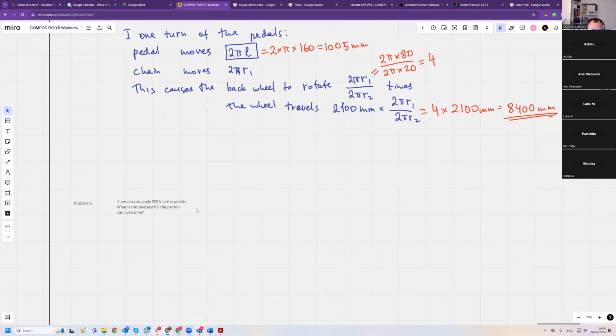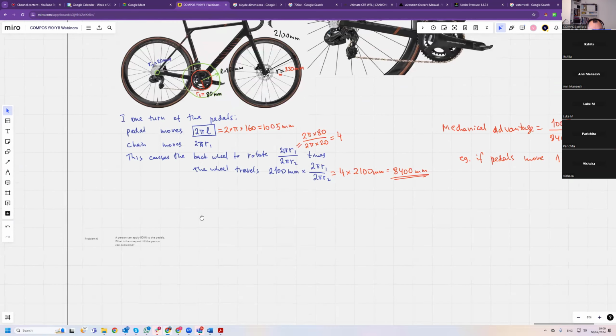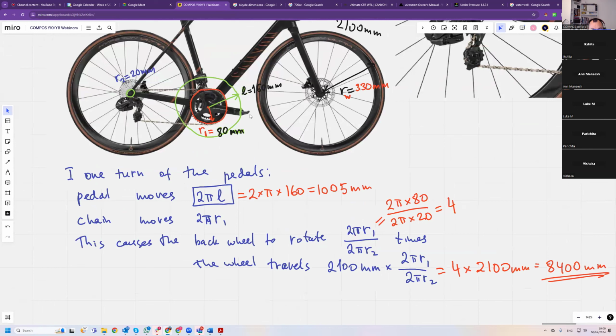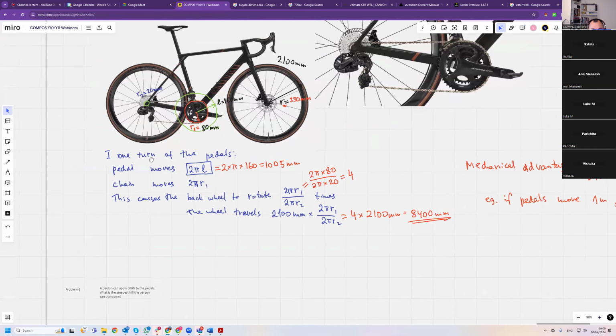Well, we could talk about the torque produced by the pedals, then the torque produced by the chain, and then the torque produced at the wheel, and finally the force. But that's the thing.